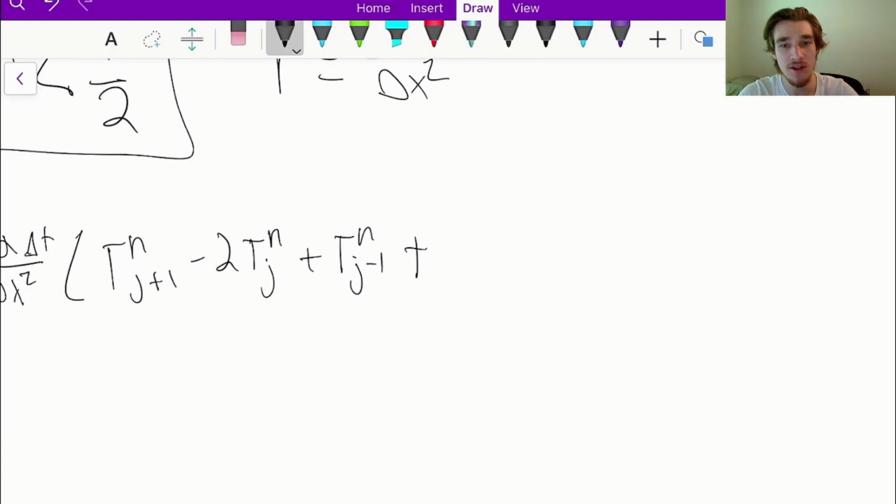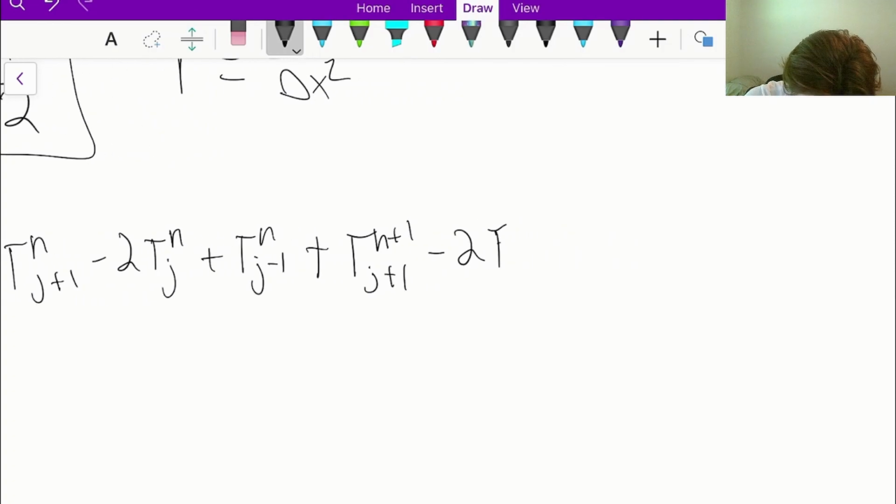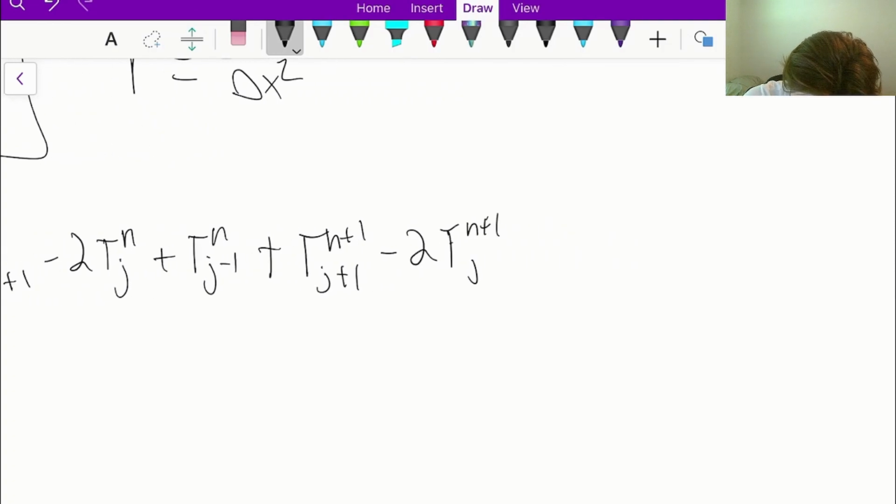So we do that, so we're going to be doing the average, right? So it's going to be T n plus 1, j plus 1 right here. And we do the same thing, except all of these are going to be at time n plus 1. So we have the temperature at n plus 1 of j, and then plus the temperature at n plus 1 of j minus 1.